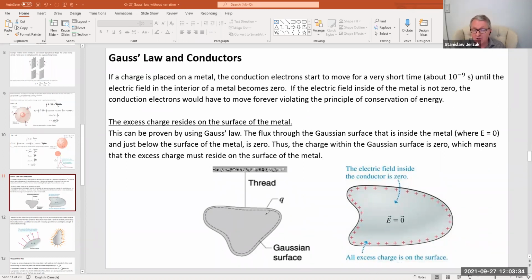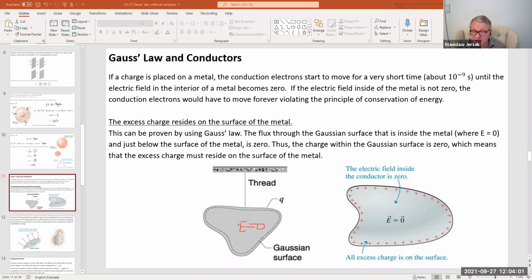Very easily. If I have a certain volume of metal, no matter what shape, then the electric field inside of that metal must be 0, as I have proven to you. If I select the Gaussian surface, this dotted line represents a certain closed Gaussian surface located as close as possible to the surface of the metal.